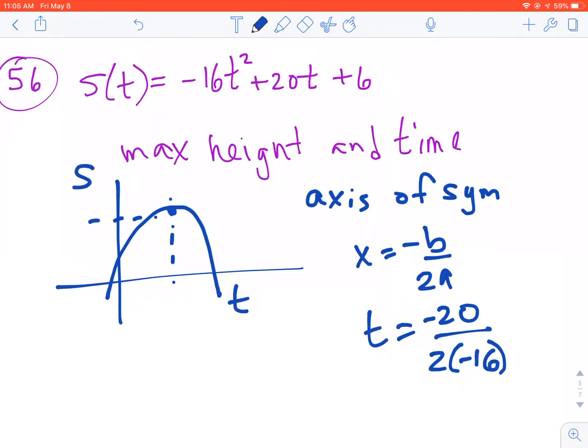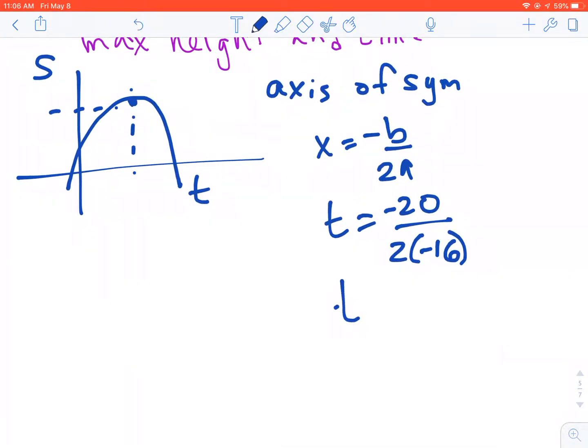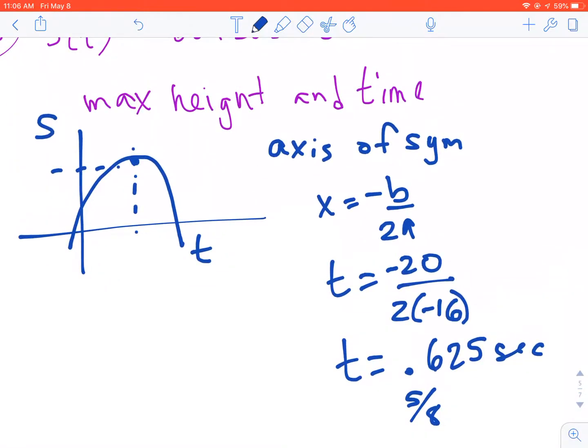So negative 20 divided by negative 32, 20 divided by 32 is 0.625, which I think is some special fraction. Is it 5/8? Yeah, 0.625. So t is 0.625 seconds, or 5/8, which is not going to be on your test because it's easier to type 0.625. So that's the time at which it gets to the top. Notice it's not very long.